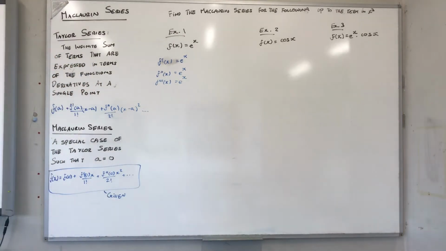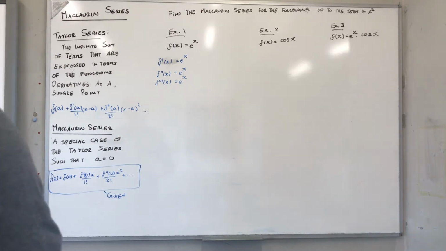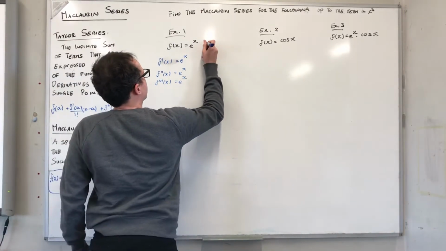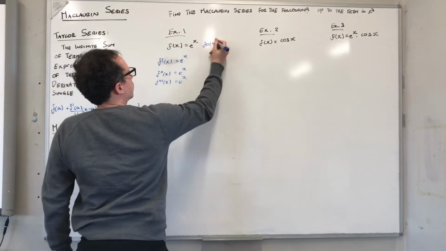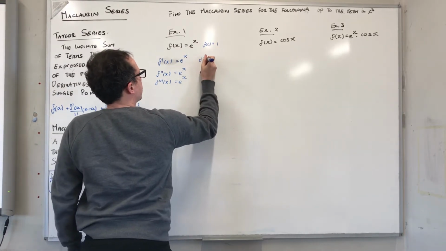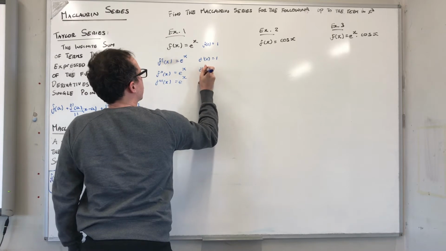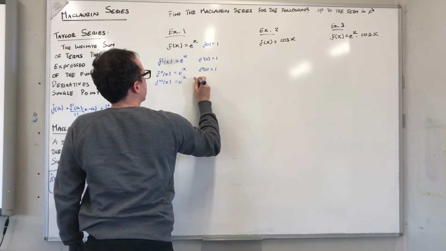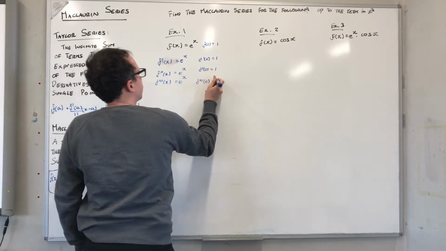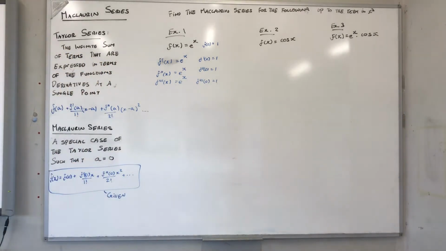So for the first one, fairly straightforward. But now all we need to do is get what they are at f of 0. So you can see for this case, it is very straightforward. e to the power 0 is just going to be 1. And it's the same thing for the next 3 as well.